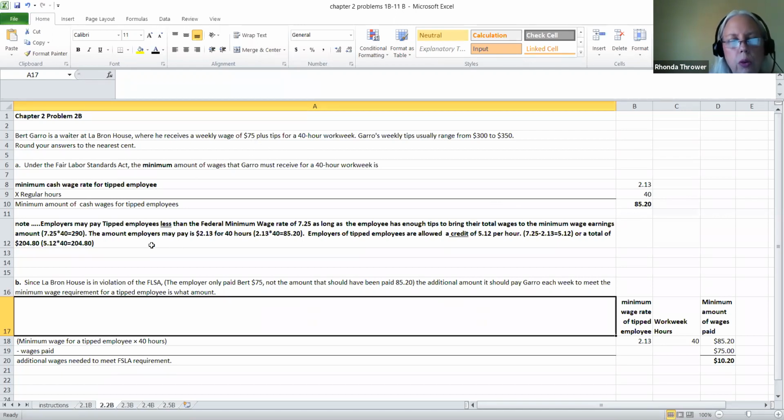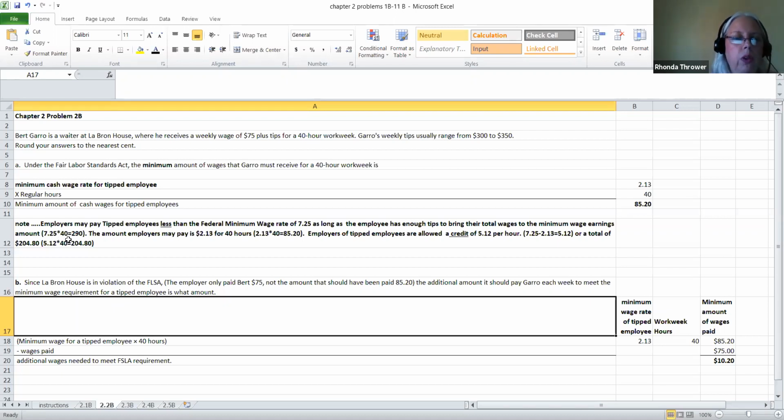I want to note, however, that when we're talking about employers that are paying tipped employees, the employers can pay the tipped employees less than the federal minimum wage rate of $7.25, as long as the employee has enough tips to bring their total wages to the minimum wage earnings amount of $290 for 40 hours.